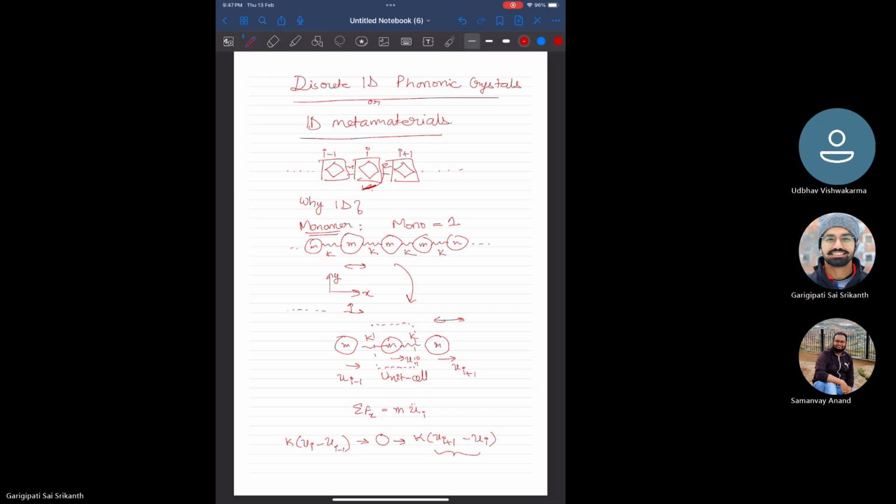If you write the total equation, we get it in this form, and we can maybe simplify this by taking k common.